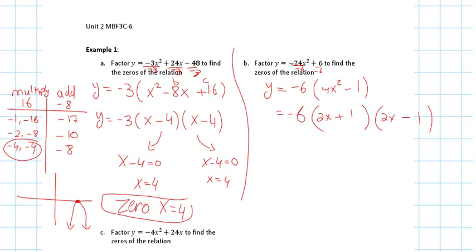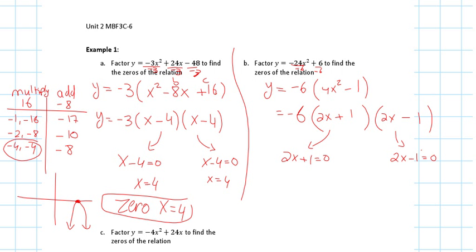So that becomes 2x equals -1. Am I done? No. What do I have to do? Divide by 2. So my answer is -1/2. So you see why I want you to set each bracket equal to 0? Because it's not always just the opposite of this answer, right? So we set it up, we solve for x, we get the correct answer.